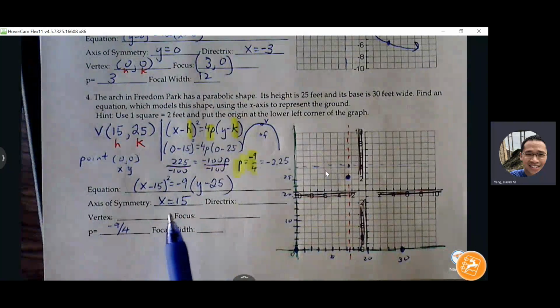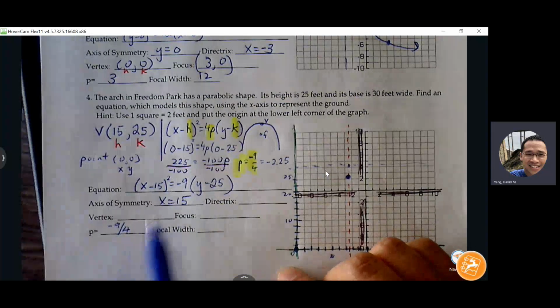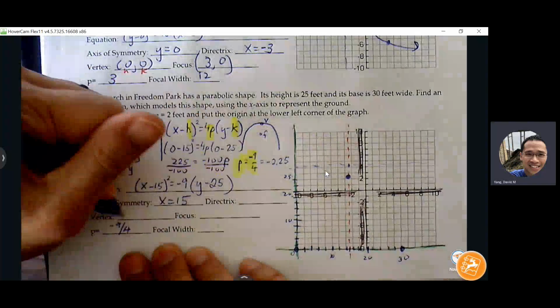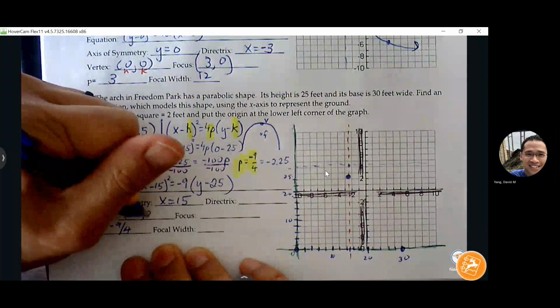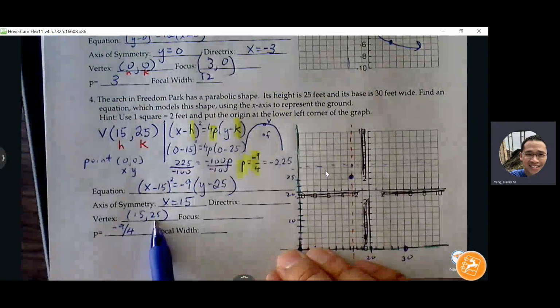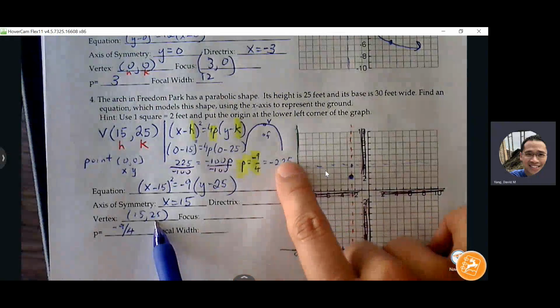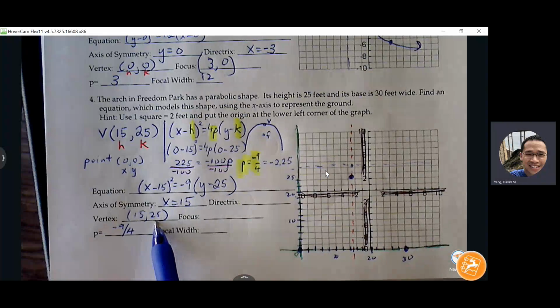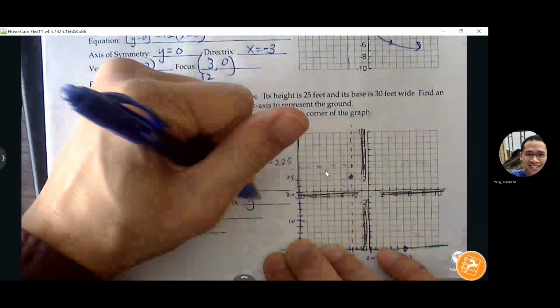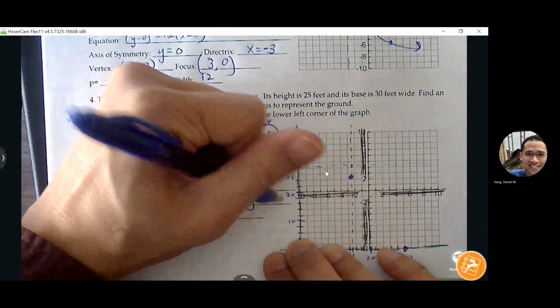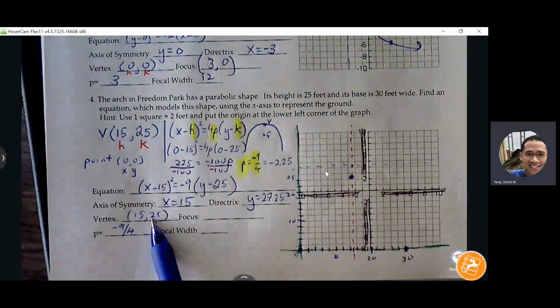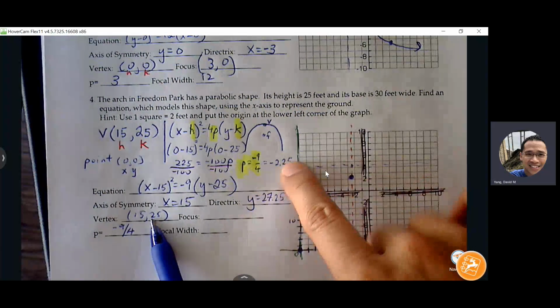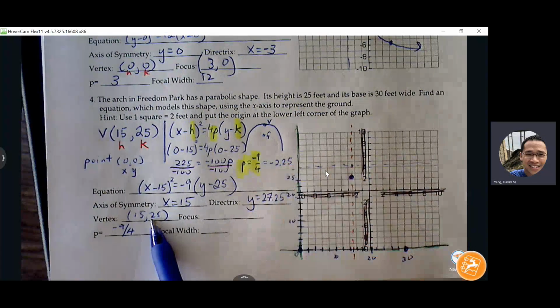So I'm just going to add to my vertex. So if I'm at 25 and if I'm trying to go up 2.25 units, I'm going to get 27.25. Again, if I'm at 25 and I want to go down 2.25 units, I can get to my focus.